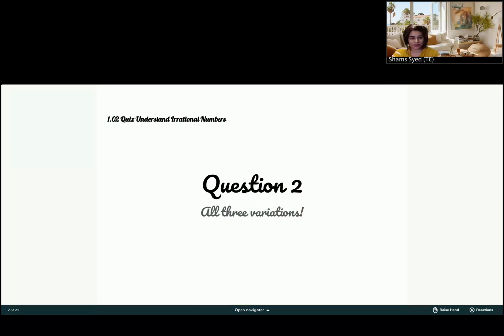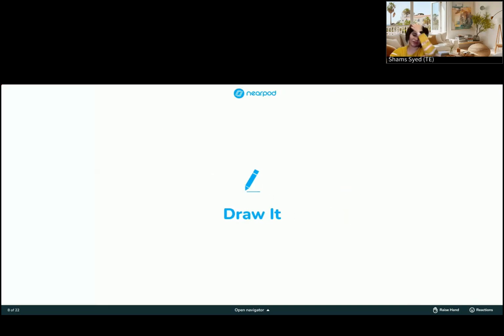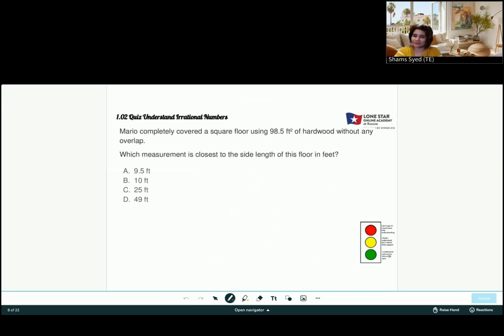Question 2 will look like this for the 1.02 quiz. Let's see. Mario completely covered a square floor using 98.5 square feet of hardwood without any overlap.